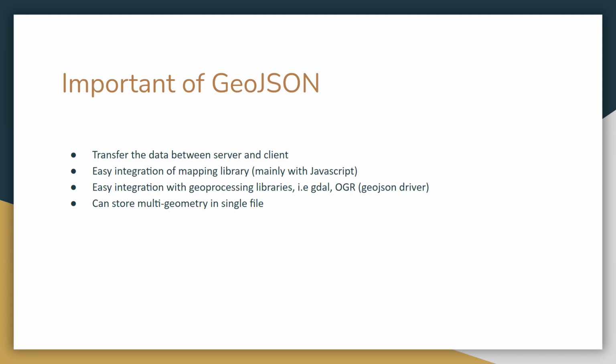It can also store multiple geometries in a single file. That is also one of the advantages of GeoJSON. So we can store point or line or polygon, even all these different kinds of data, in a single file.